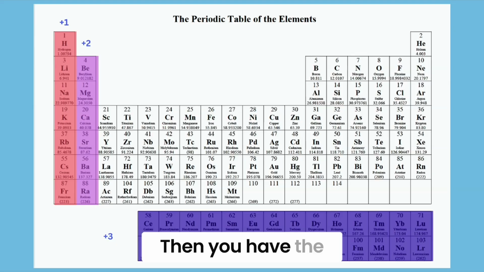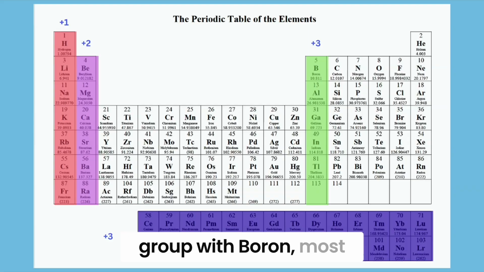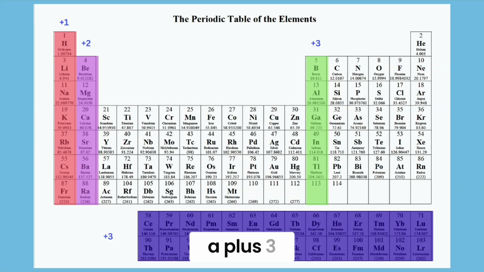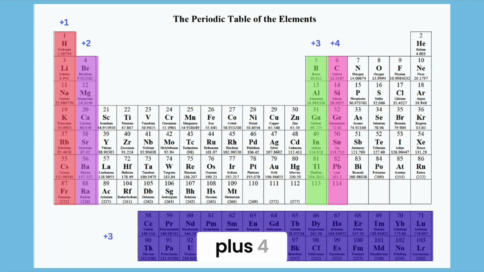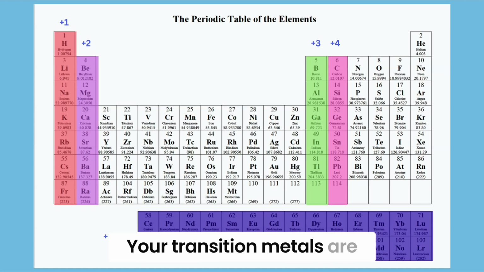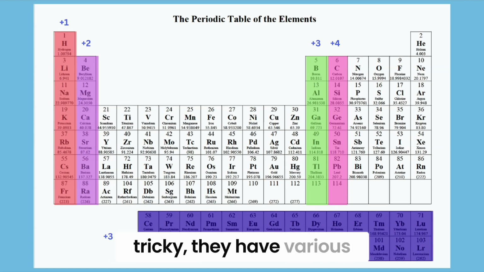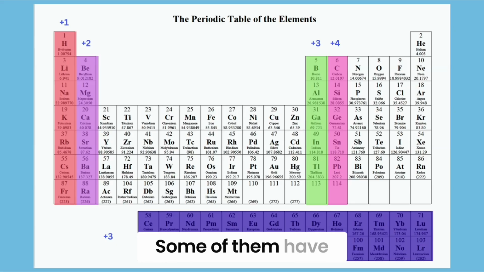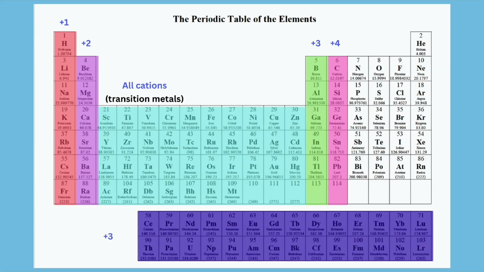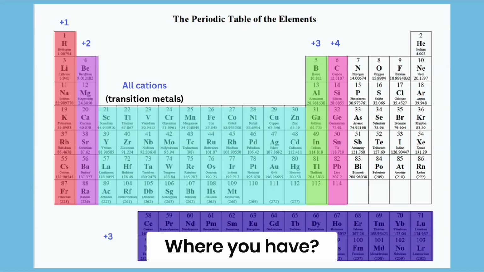Then you have the group with boron. Most of the time they're going to give you a +3. Carbon group, they'll give you a +4. Your transition metals are tricky. They have various charges. Some of them have multiple charges, where you have silver with a +1 charge and zinc with a +2 charge.